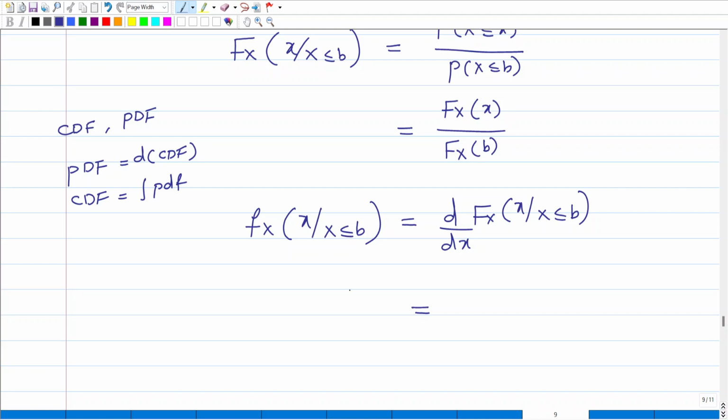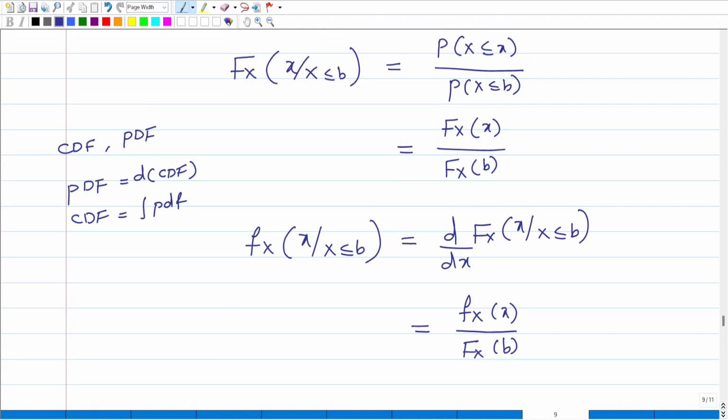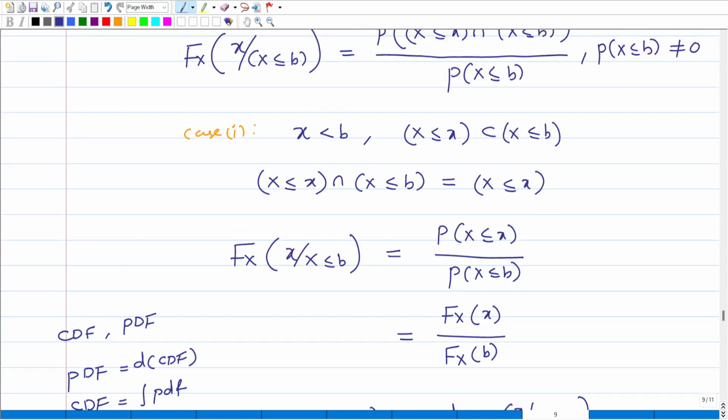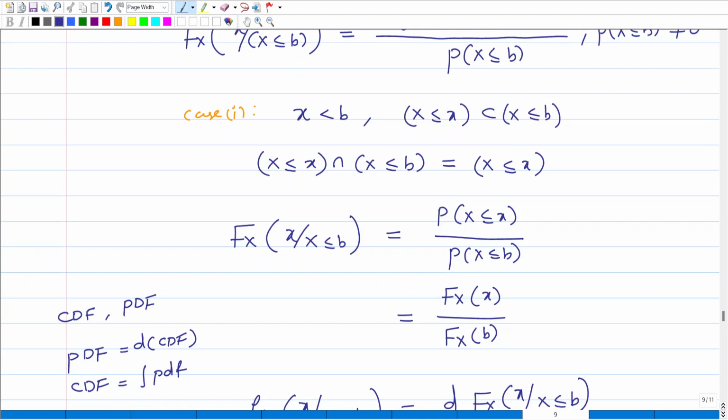So the differentiation of the numerator, capital Fx of small x, is nothing but small fx of x, and the denominator is the CDF up to b only, it is constant. This is for case 1, x less than b.